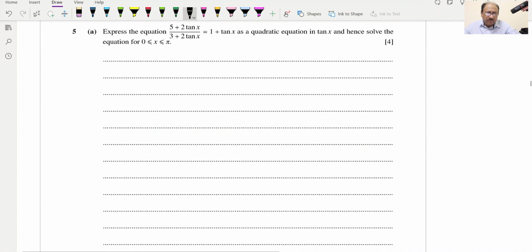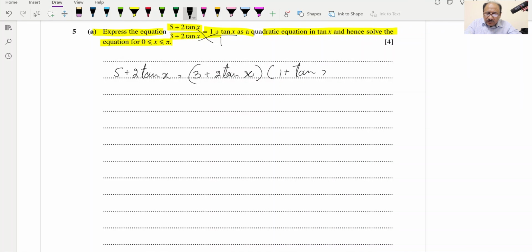Now question number 5. Question number 5 says express this equation as a quadratic equation in tan x and hence solve the equation from 0 to pi. So we can cross multiply over 1, and cross multiplication will give us 5 plus 2 tan x is equal to 3 plus 2 tan x multiplied by 1 plus tan x.